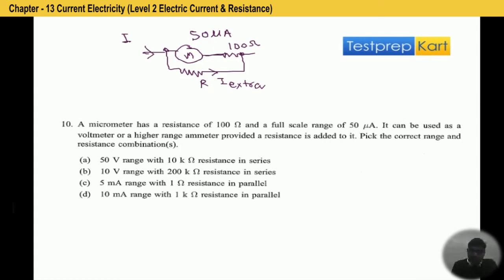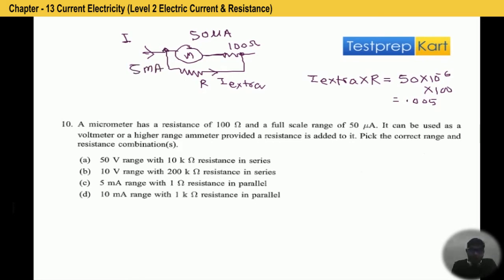So I extra into the resistance connected in parallel must be equal to 50 into 10 to power minus 6 into 100, that is 0.005. So we are creating a 5 milliampere ammeter, for example.